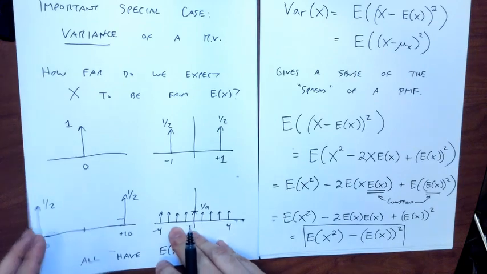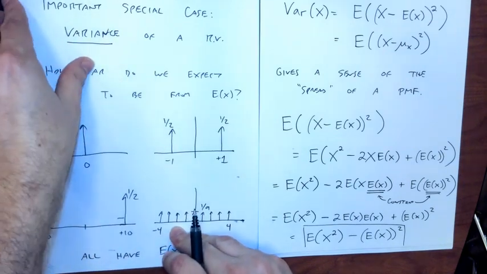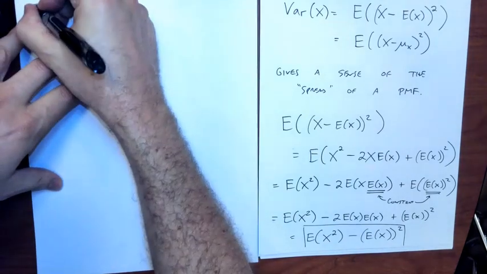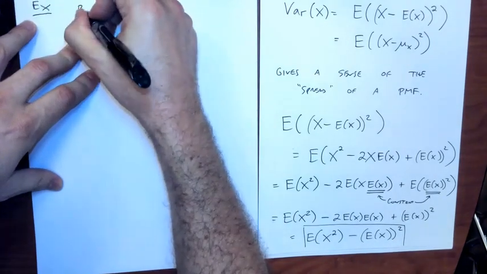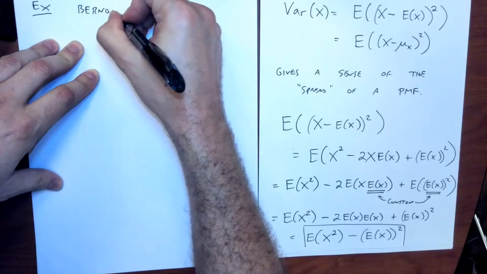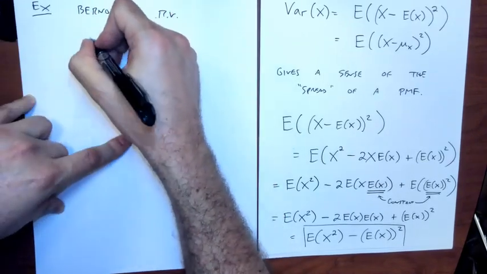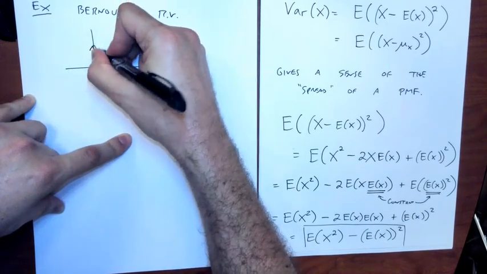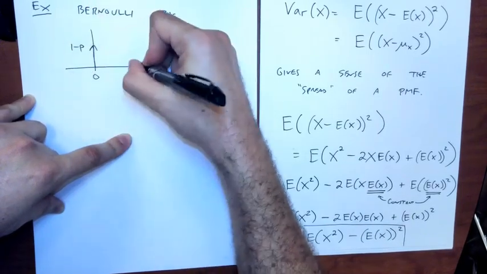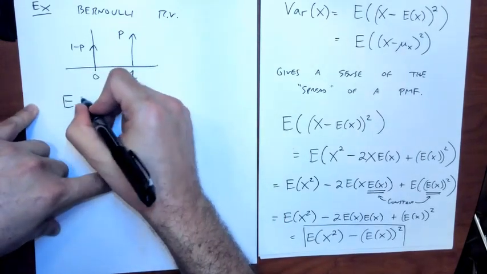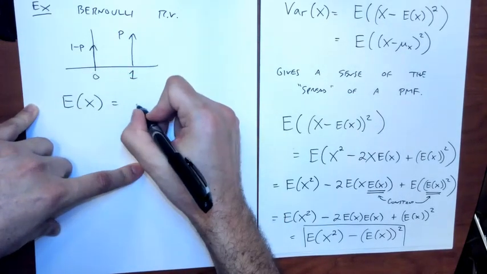So for example, let's suppose I have my Bernoulli random variable again. Let's remember that that's like saying I have 0 with probability 1 minus p, 1 with probability p. We learned before that the expected value of x was just p.